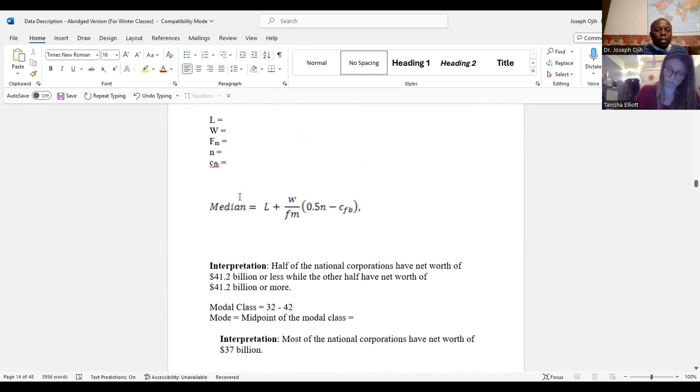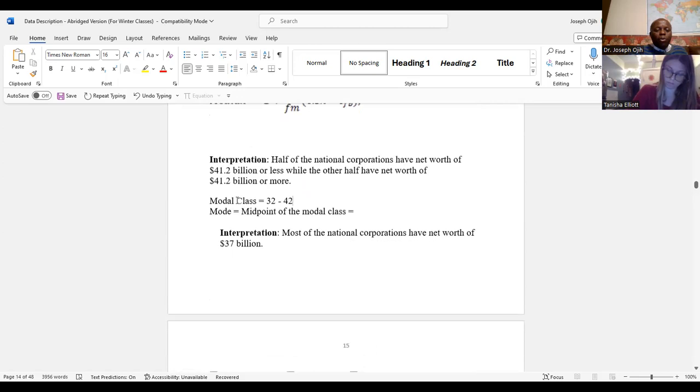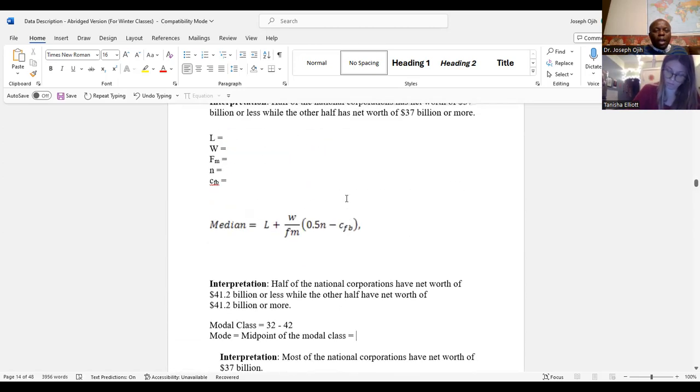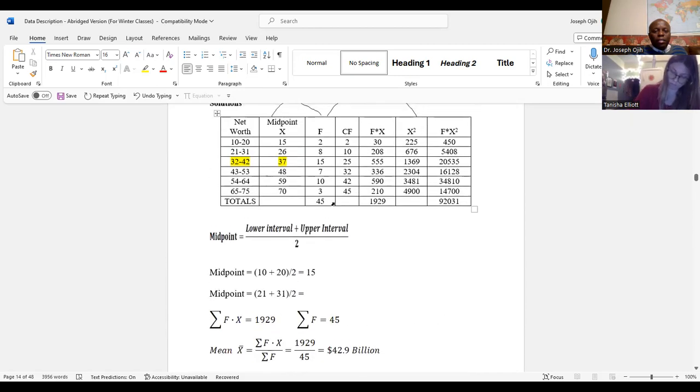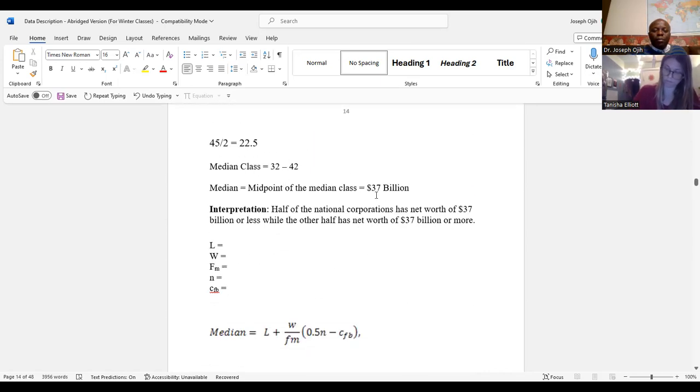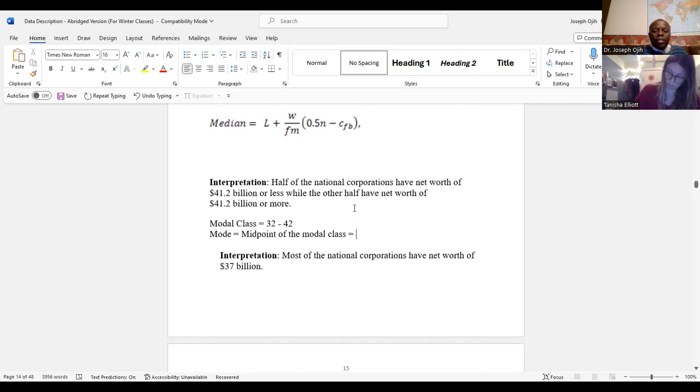Our mode is the midpoint of the modal class. So for that modal class, the midpoint is, sorry, a mistake, 37 again. So the midpoint of the modal class is 37 billion.